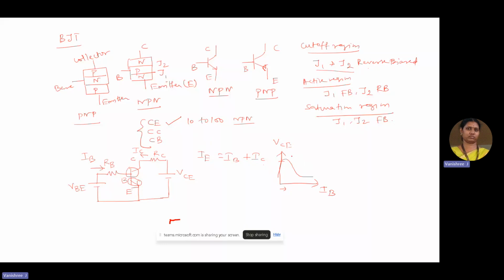So this is the region during which both junctions are reverse biased, this is the region during which one junction is forward biased, and this is the saturation region during which both the junctions are forward biased, due to which the base current has increased in its value.